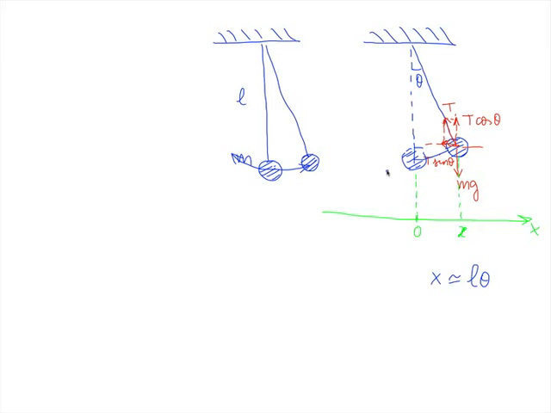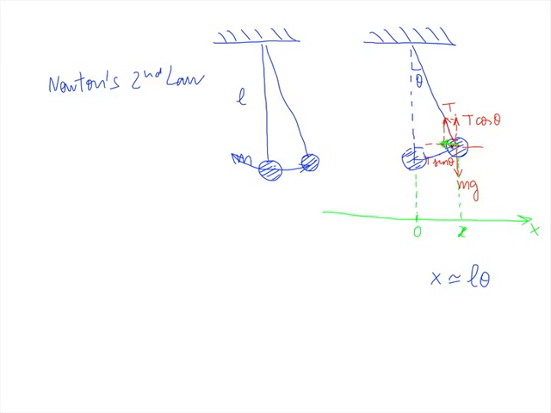And we want to write Newton's second law. Newton's second law will take us to the movement equation of the pendulum, and from this movement equation, we will be in a position to derive the period. So let me first of all draw the horizontal force that we have here again, which is the horizontal component of the tension.